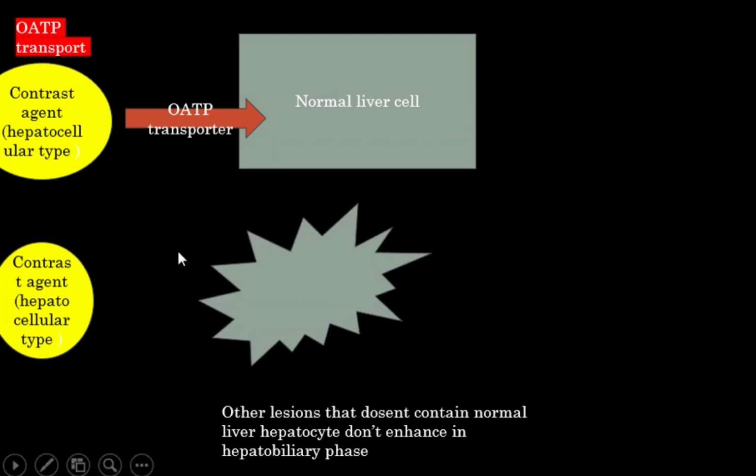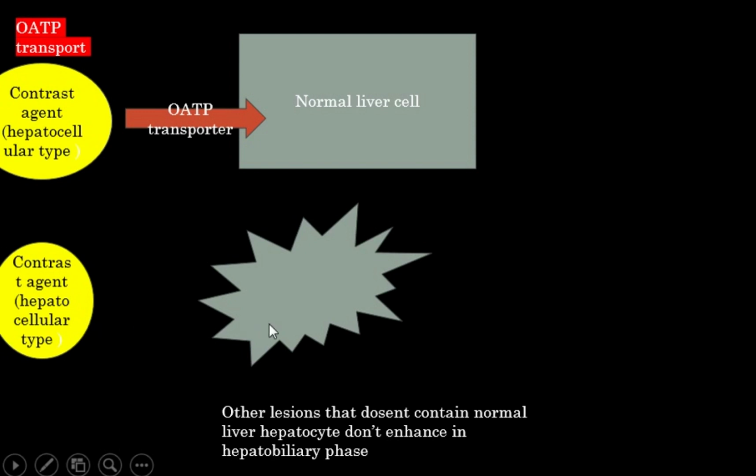This also helps you differentiate FNH from other lesions by the OATP transporter. Let's assume this is the cell of another lesion. It doesn't have OATP transporters on its surface, so when the contrast is given, it will not take up the contrast.